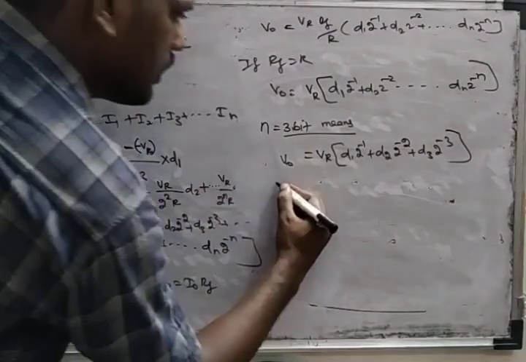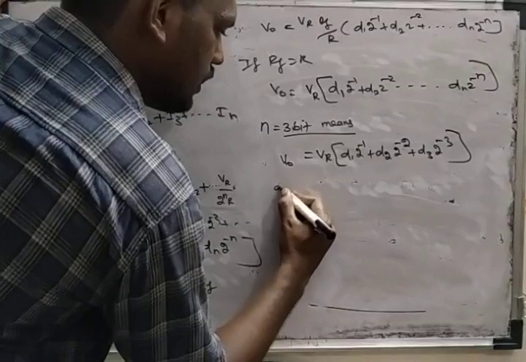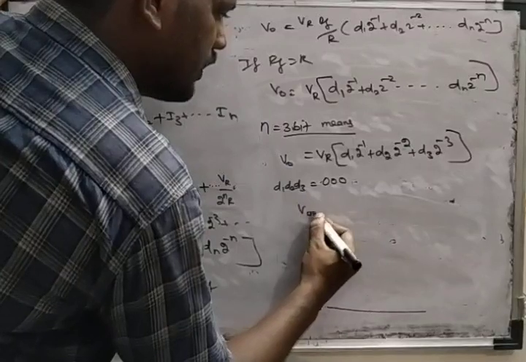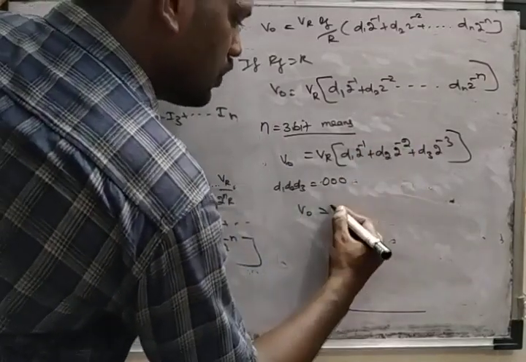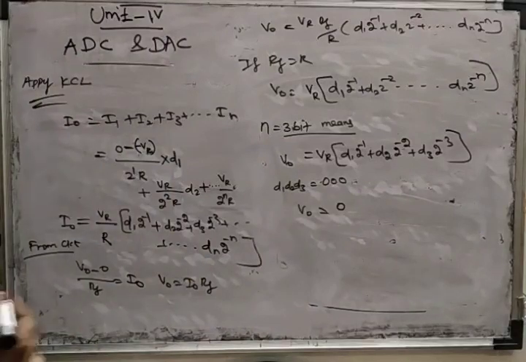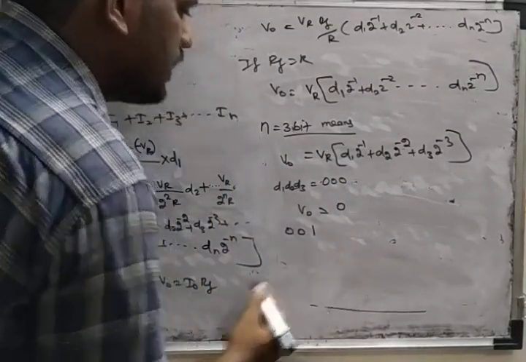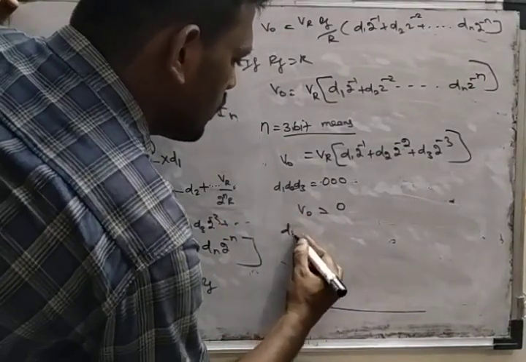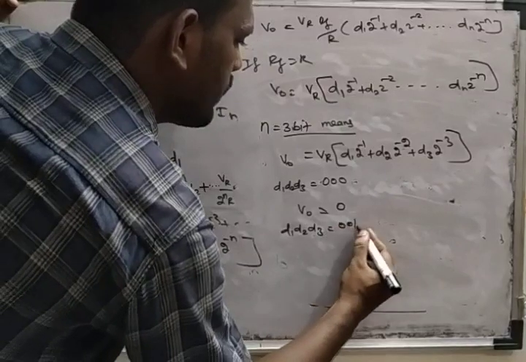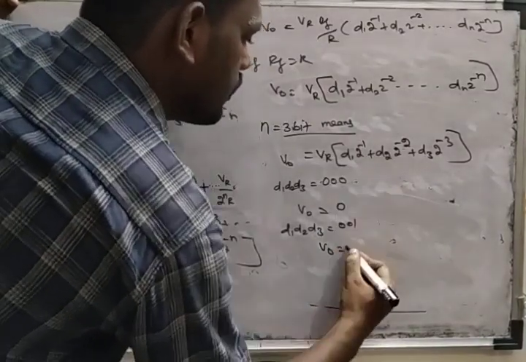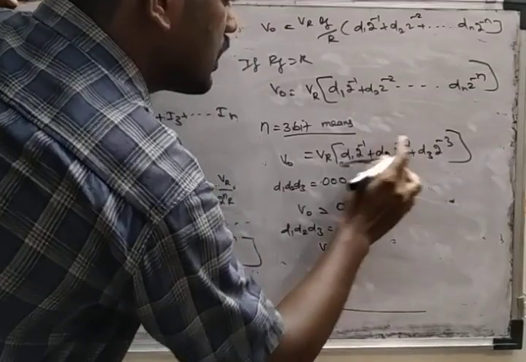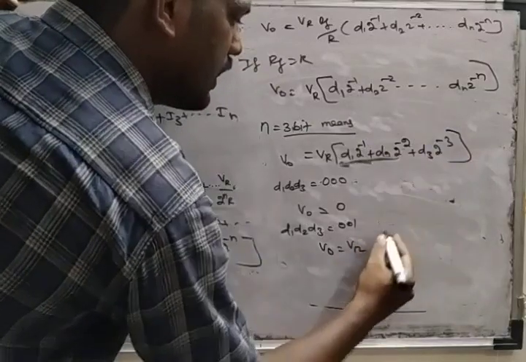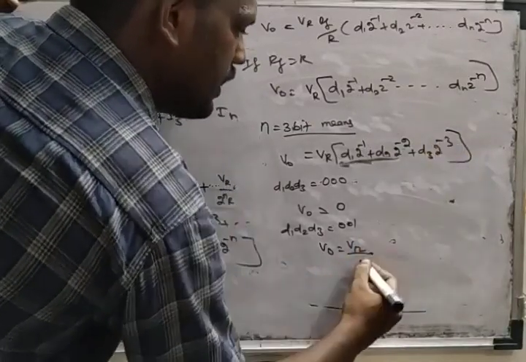If you apply D1, D2, D3 as 0, 0, 0, all values are 0, so V0 is equal to 0. If D1, D2, D3 is 0, 0, 1, the first two terms are 0 and D3 is 1, so you will get VR by 8.